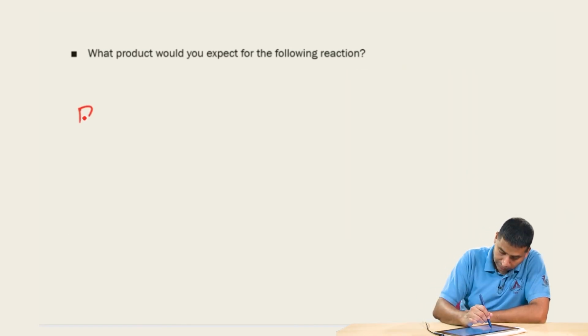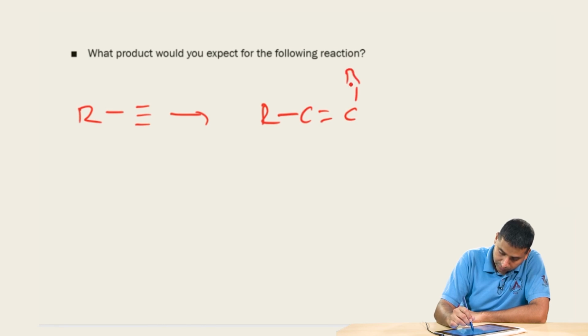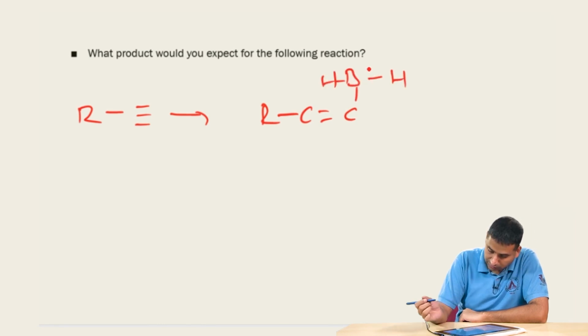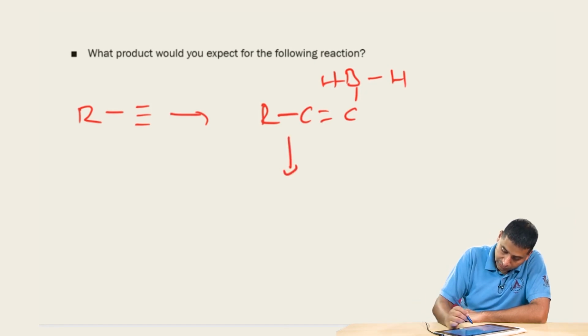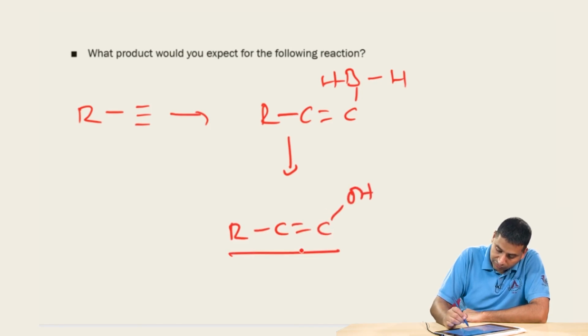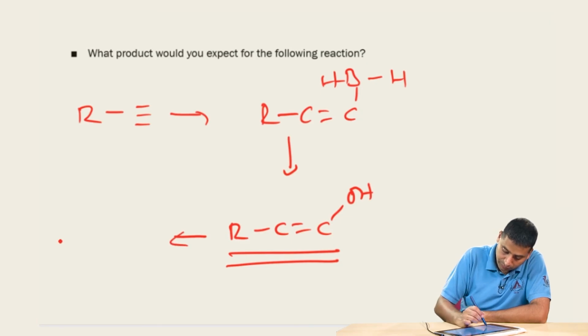To an alkyne you would end up with R C double bond C with BH2 intermediate that is formed, which then is oxidized to give you R C double bond C OH. This is nothing but an enol, and it is going to tautomerize to give you the aldehyde.